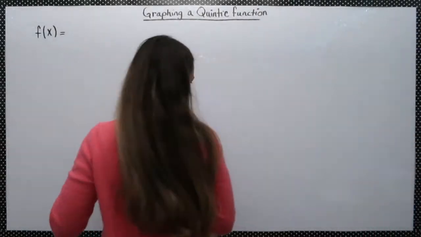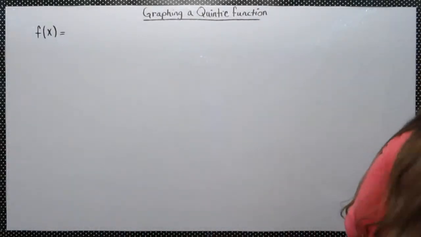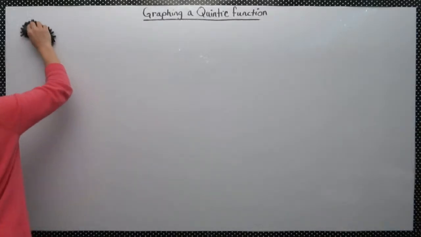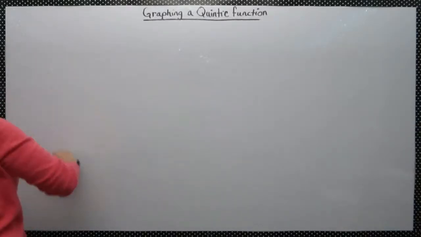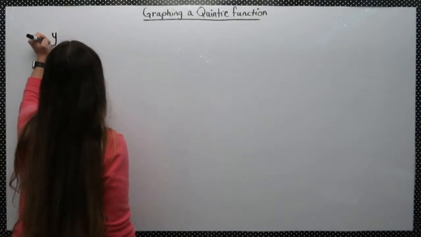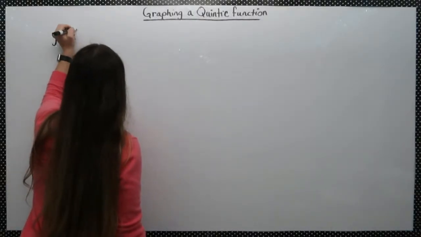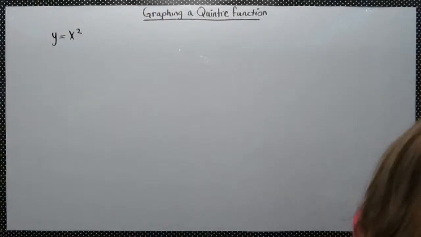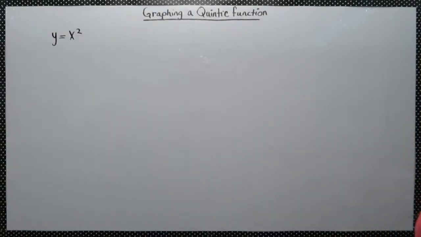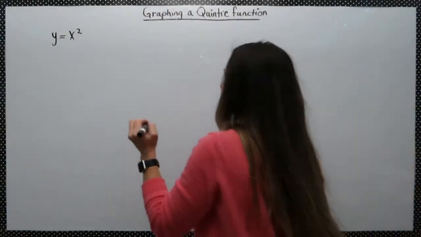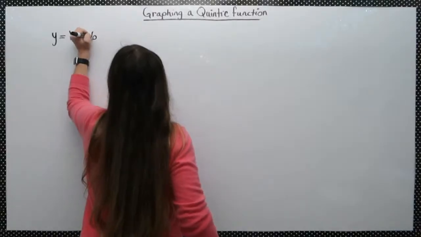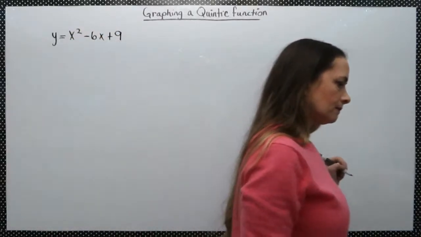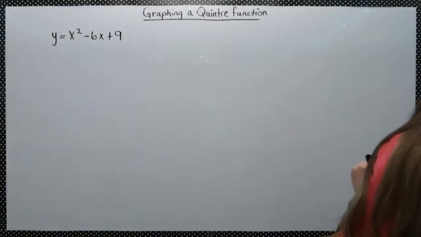All right, what am I doing? I've been doing polynomials for so long. We have y equals x squared minus 6x plus 9, and y equals x plus 3.